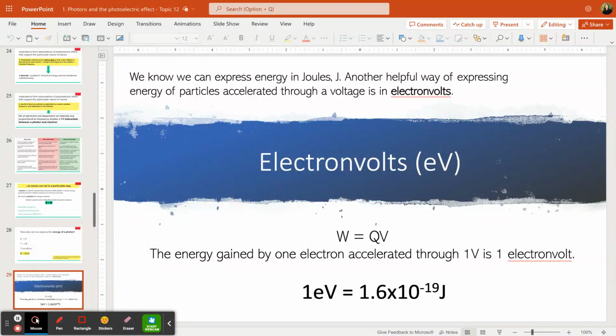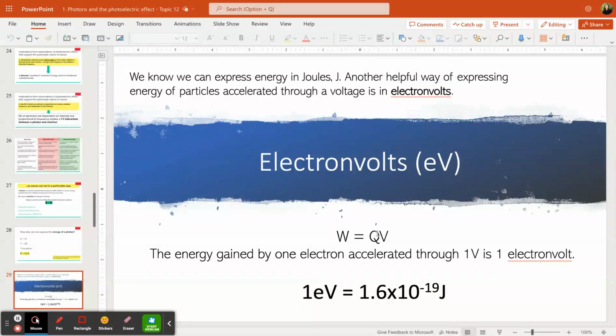So voltage times charge is the energy transferred. The energy gained by one electron when it has been accelerated through 1 volt is known as 1 electron volt. So 1 electron volt, by definition, is when 1 electron is accelerated through a potential difference of 1 volt. Q is 1 electron, V is 1 volt.